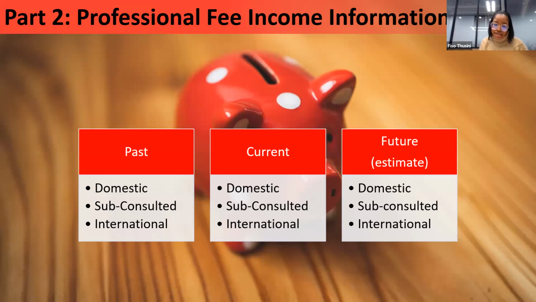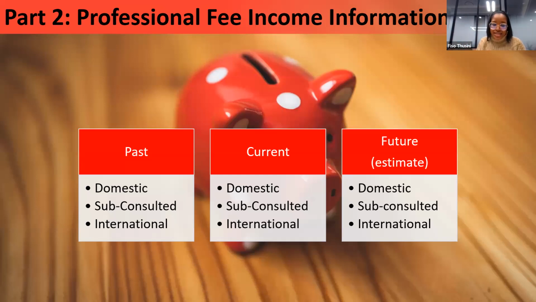We look at domestic fees, so local fees for South African-based companies. We look at any subconsulted fees, so the fees that they would pay to the subconsultant if they are subcontracting certain duties. We also look at any international fees, and those would then be earned outside of South Africa, sometimes within the borders of Africa in the African countries, or internationally in countries like the UK and other territories.